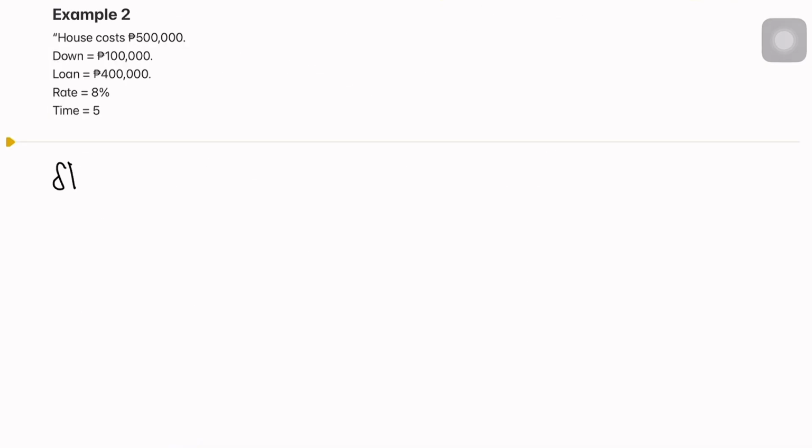Moving on to our example number 2. Same process, guys. Our step 1, let's find the loan principal. So how do we find loan principal? We're just going to subtract the down payment from the amount.